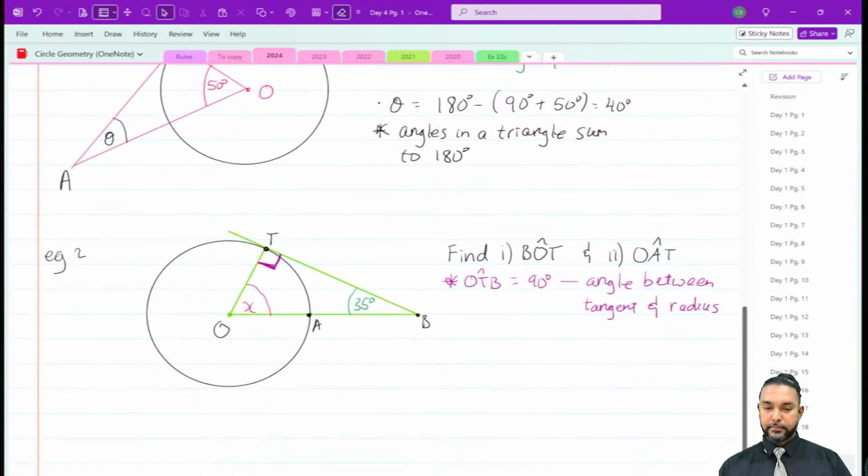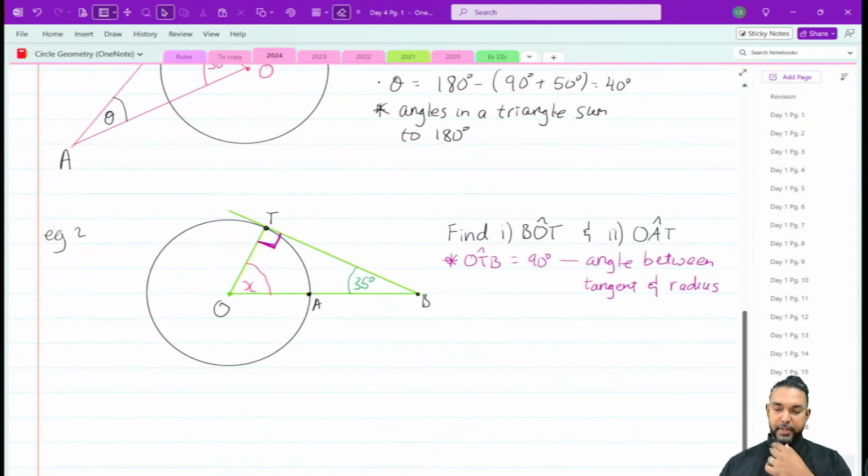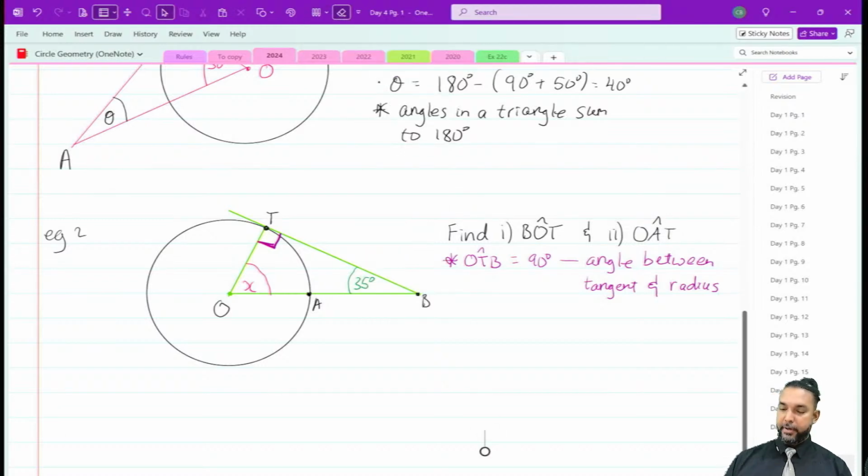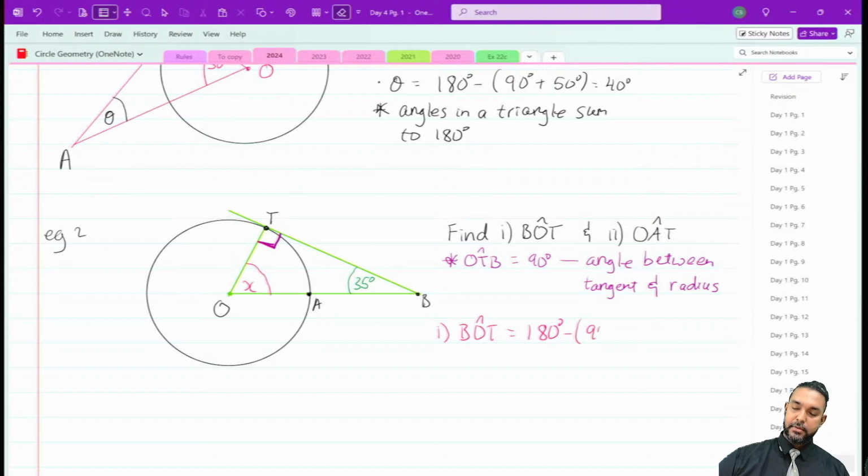All right. So if we go down a little bit, let's talk about BOT first. We put that one in pink. So angle BOT, how will we find BOT given that we have 2 out of the 3 angles in the triangle? Correct. We add up the 2 angles that we have and subtract from 180. So BOT is equal to 180 minus 90 plus 35.